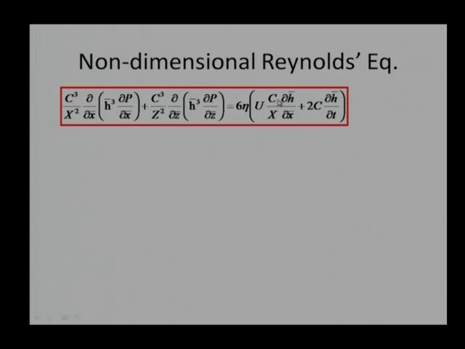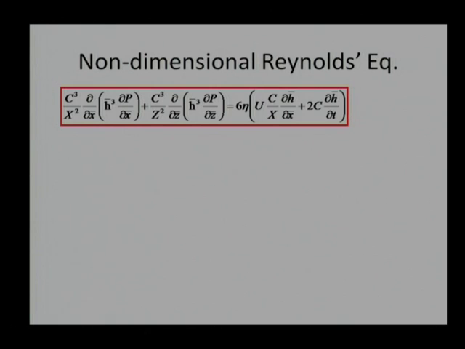Now, here 6 eta is a term, and there is interest to non-dimensionalize all these terms. We have already non-dimensionalized x and h, but pressure is still in dimensional form. So, there is a need to non-dimensionalize this pressure also.